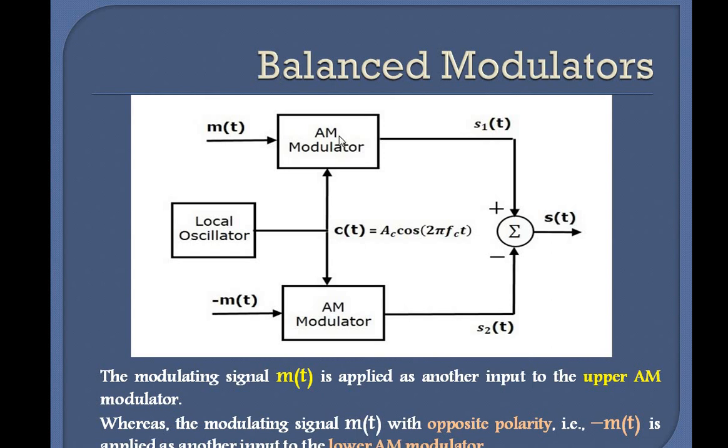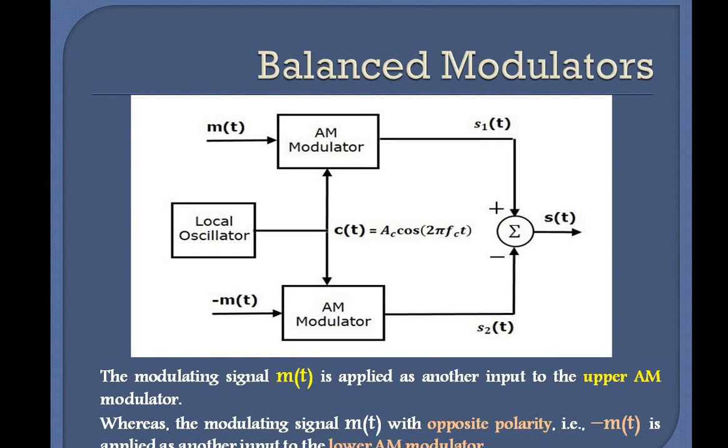To these AM modulators, the first signal input we are giving is your message signal. One input to the modulator is in the form of your oscillator, that is your carrier signal, and the sign reversal of the modulating signal is applied to the other input of one of your AM modulators.